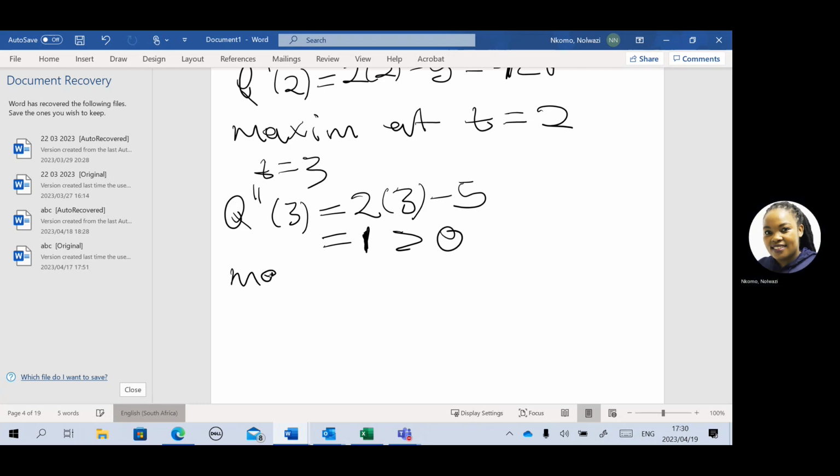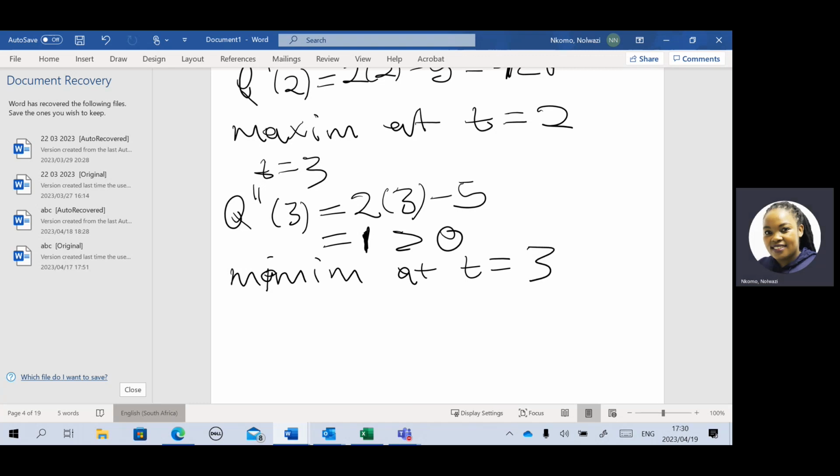So you can say the output will give a maximum at t equals 2, and it will give a minimum at t equals 3.